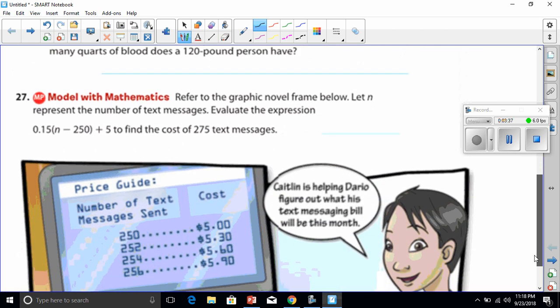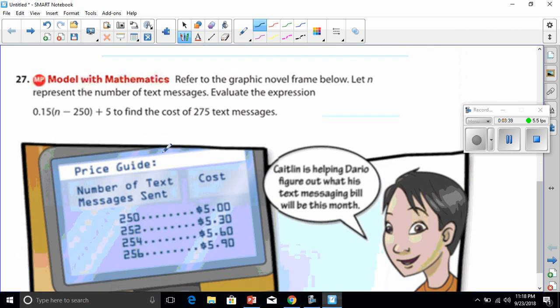Number 27 says, model with mathematics. Refer to the graphic novel frame below. Let n represent the number of text messages. Evaluate the expression 0.15 times n minus 250 plus 5 to find the cost of 275 text messages. Wow, 275 text messages.